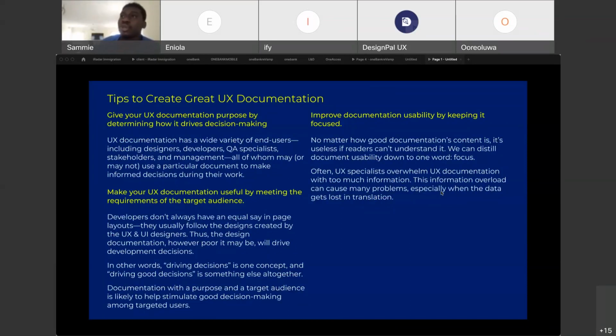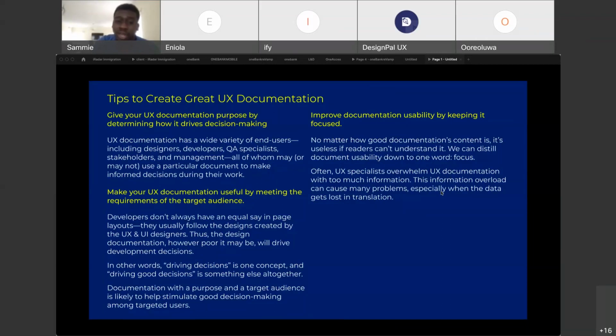So yeah, just like the scenarios I've explained before, based on how we're working on a particular project, when you show your wireframes, you show your style guides, everybody in the team can get a view of some of the decisions and why those decisions were made. Now, it also says make your UX documentation useful by meeting the requirements of the target audience.